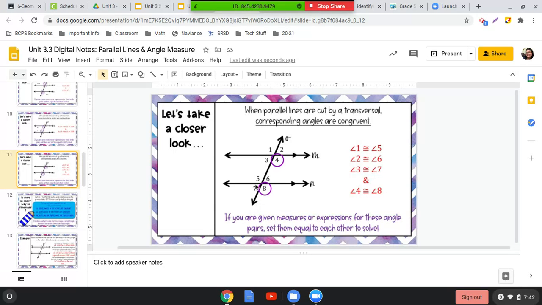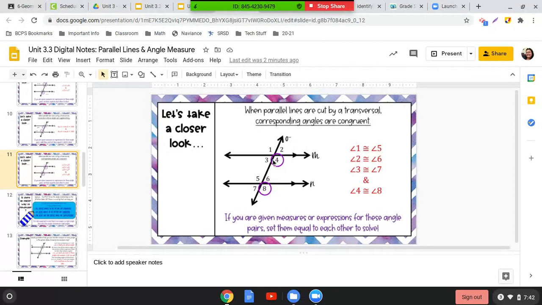So angle 1 and angle 5 are congruent. Angle 2 and angle 6 are congruent. Angle 3 and angle 7 are congruent. And angle 4 and angle 8 are congruent. So if you're given measures or expressions for these angle pairs, you set them equal to each other.